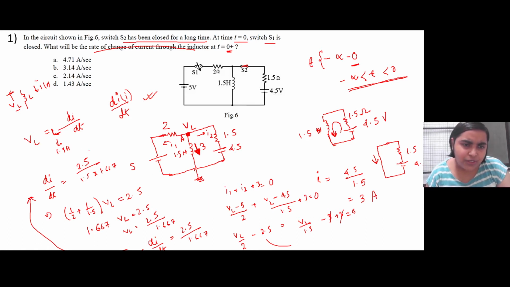How much did you get as di by dt? 1 divided by 1.5, sorry, this is 1.1667.